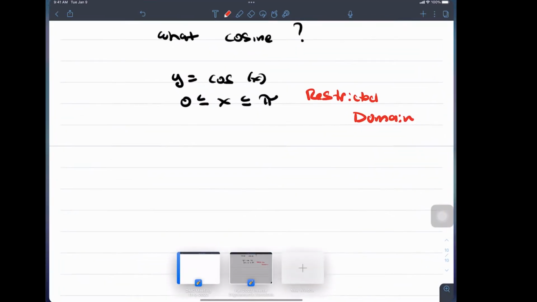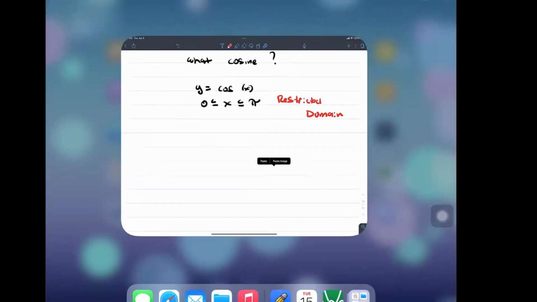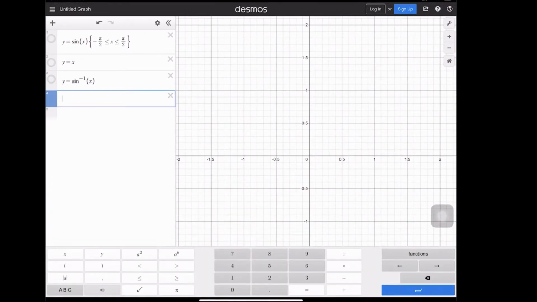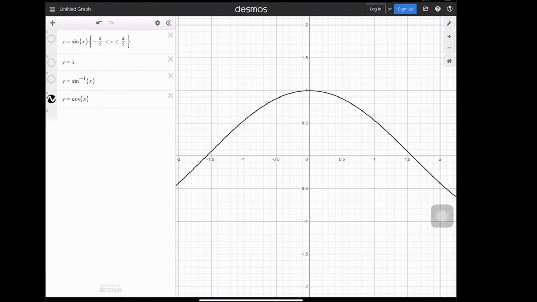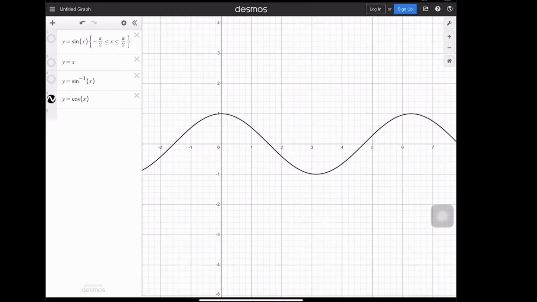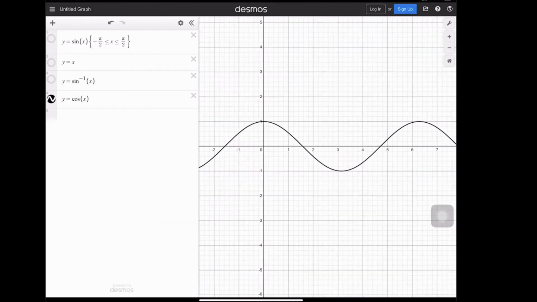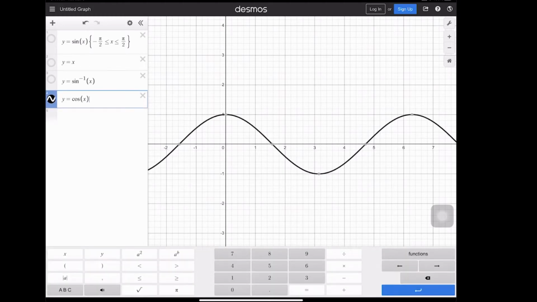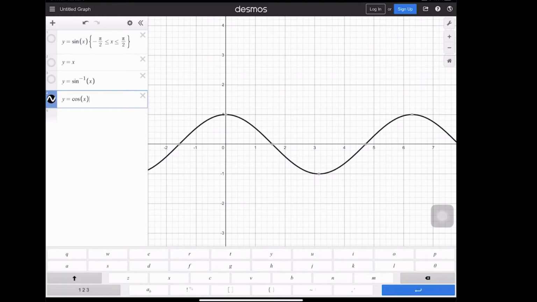So if I go to Desmos and we say, what do we do now here? Well, here's cosine. Y equals cosine. This very much is not what? This is not 1 to 1. It doesn't pass the horizontal line test, right? So you restrict your domain. You say, how do we restrict it? The way I gave you.